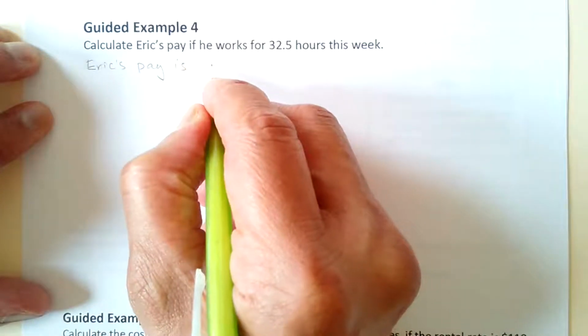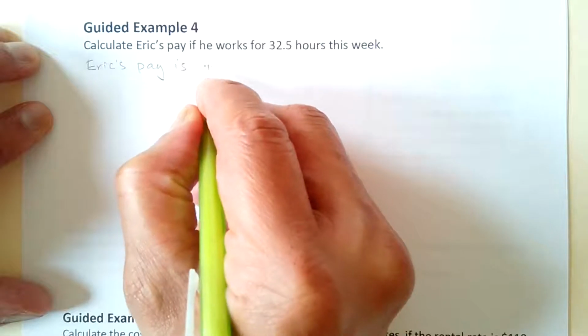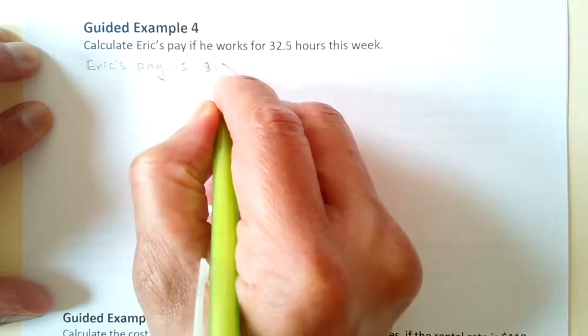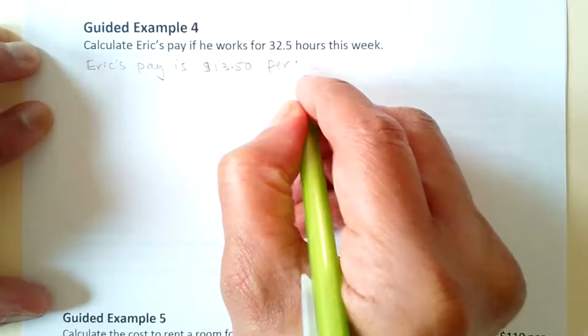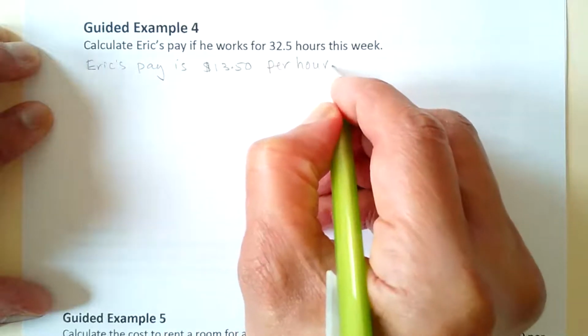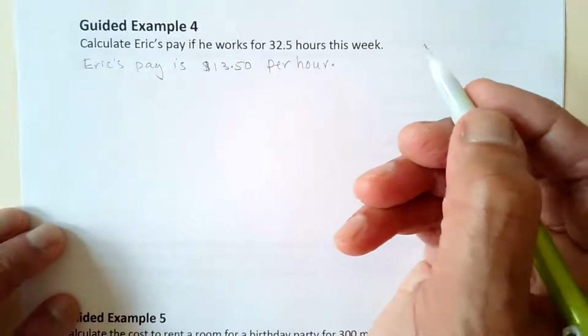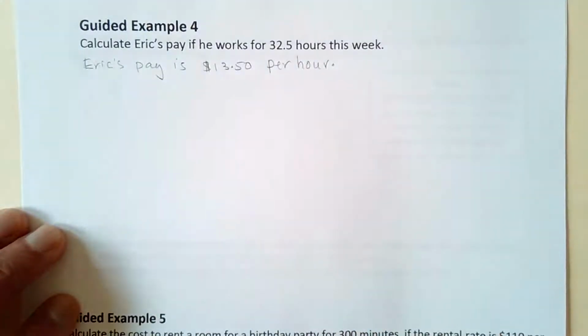Now, Eric's pay is $13.50 per hour. So we have to know his hourly pay in order to calculate how much he will be paid after 32.5 hours of work.